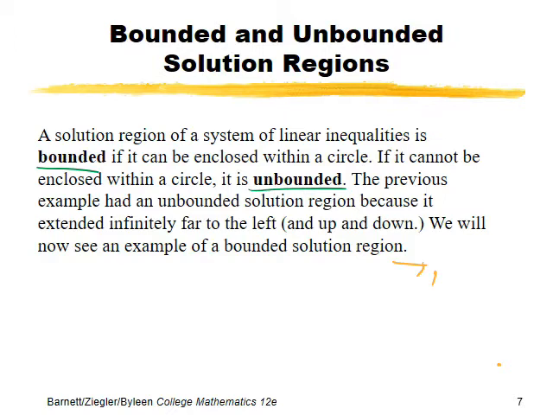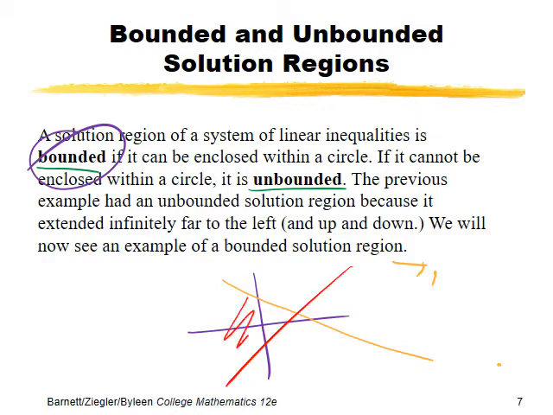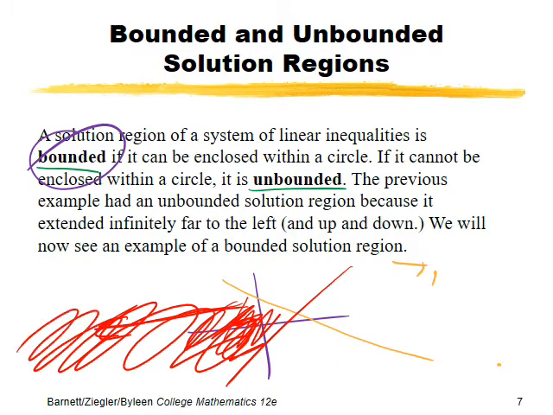This is called a bounded solution region. And if it is like this, for example, one line going through here and another going through here, and this is their intersection part, then it is unbounded. We don't have any limit in this direction, so all this portion belongs to the feasible region of these two lines, and it is unbounded.